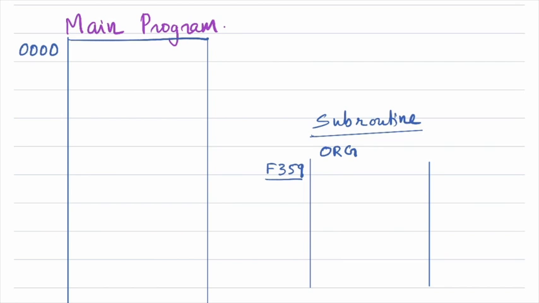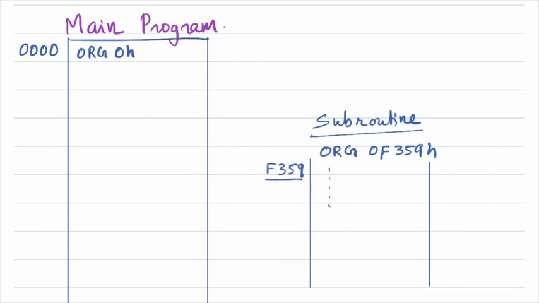So if I write org 0F359h, and thereafter if I write my program, then this program will reside here. Similarly, to write the main program in the location 000h, I can write org 0.